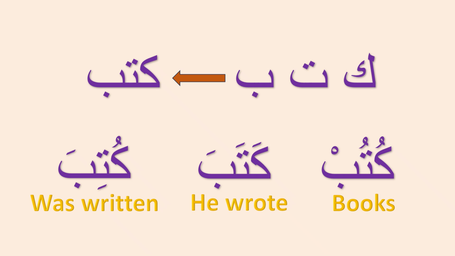When they are changed, it will be kutub, which means books. And then we have another form, kutiba, which means was written. So you can see now that sometimes in Arabic we have words with the same spelling and the same pronunciation but different meanings. And sometimes we have the same spelling, but when you put the marks, you will have different meanings along with different pronunciations.